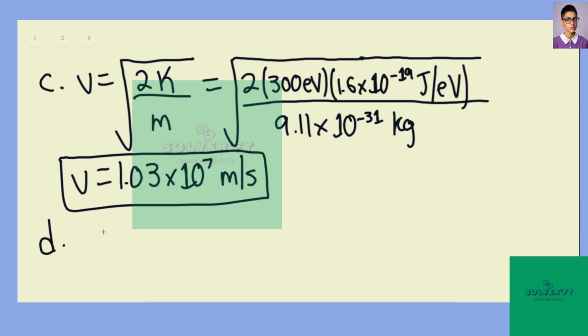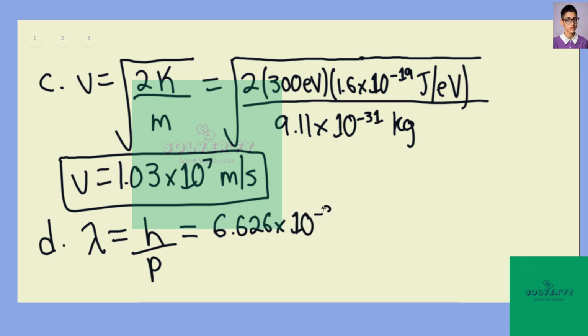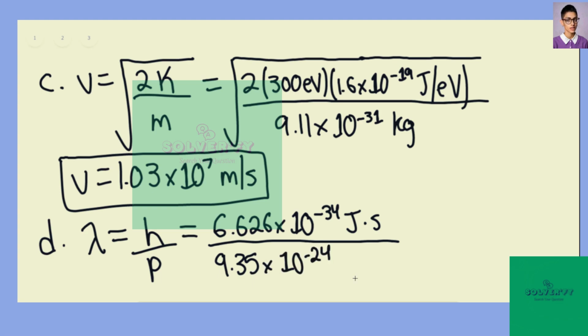We can find the corresponding de Broglie wavelength. Wavelength would be equal to Planck's constant divided by the momentum. This is going to be 6.626 times 10 to the negative 34th joule seconds, and then this would be divided by the momentum of 9.35 times 10 to the negative 24th kilograms meters per second.